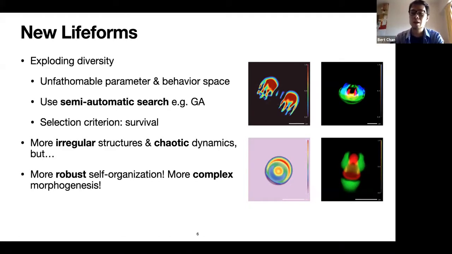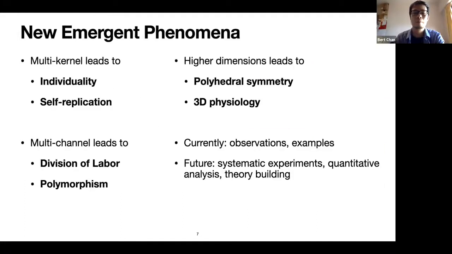Like these guys on the right, their structures become more complex. I will describe a few emergent phenomena in this system, but currently I only do observations and can give some examples. In the future, I will do more systematic experiments and do more analysis, and also some more theory building.